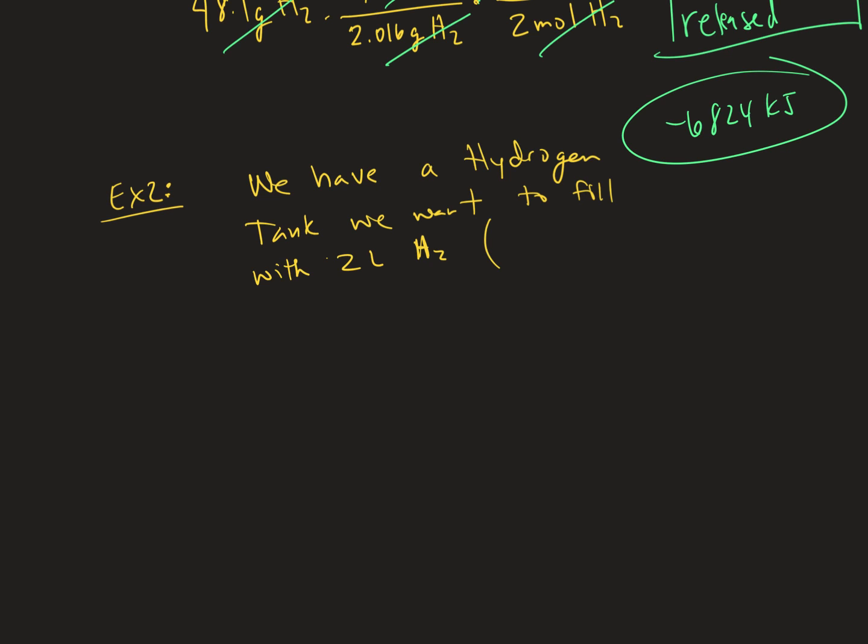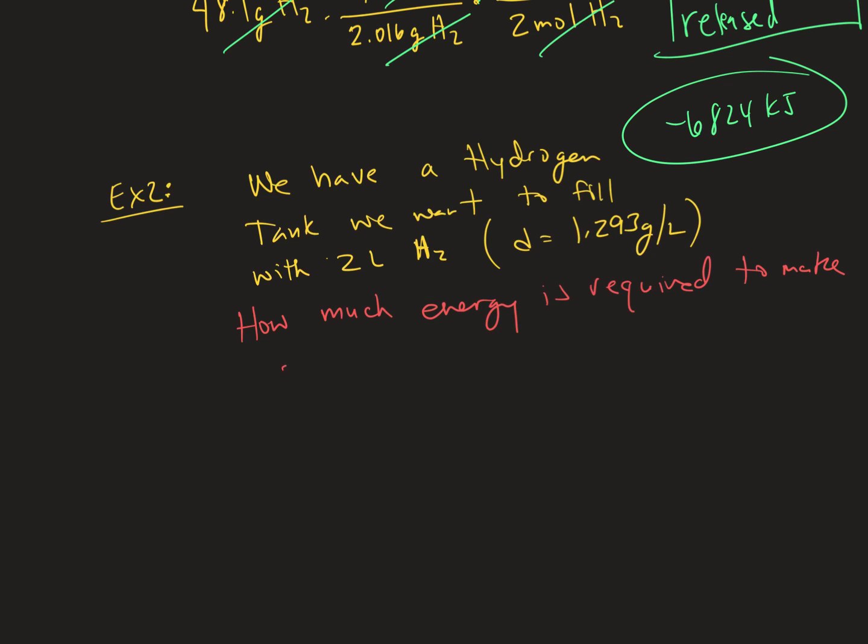And we know the density is 1.293 grams per liter. We want to know how much energy is required to make 2 liters of hydrogen gas.